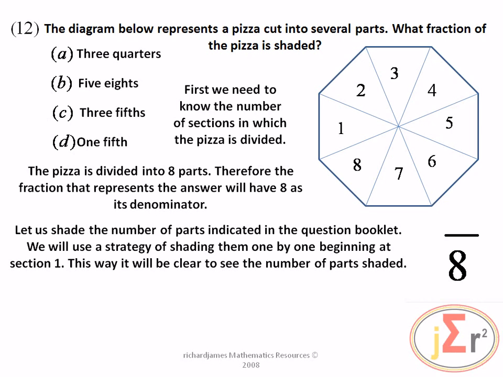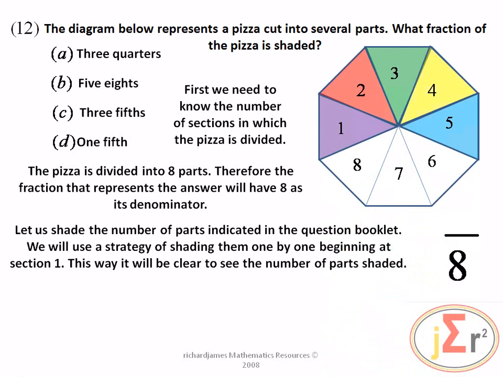And we'll use a strategy in shading those sections. We'll begin at the one that we have right here, numbered 1. So we are going to begin at this one and shade the number of sections that we have indicated in the booklet. So let us do that.